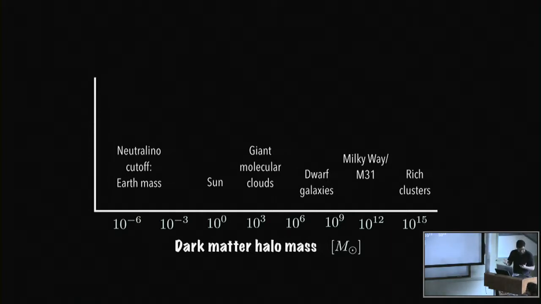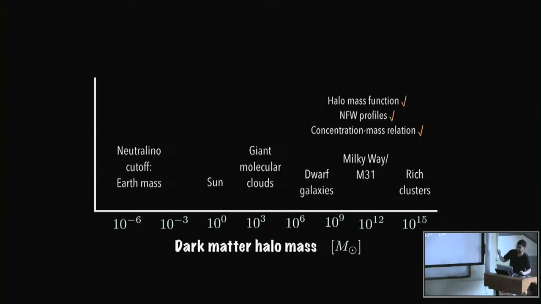And state-of-the-art cosmological simulations have established a number of properties for the structure of dark matter and their abundance down to about 10^6, and have established things like the mass function, the profiles of halos as following NFW profiles, and the so-called concentration-mass relation. However, what you can see is that there's a big region, about 12 orders of magnitude or so, which is really unexplored.